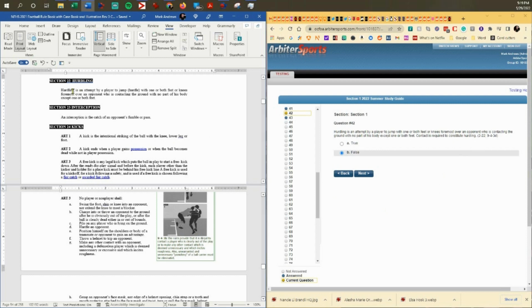You new guys, read Rule 2 over and over. It's the one everybody ignores, and it's probably the most important rule in the book. Hurdling is an attempt by a player to jump, hurdle, with one or both feet or knees foremost over an opponent who is contacting the ground with no part of his body except one or both feet. That's exactly what he said in that first part, right?